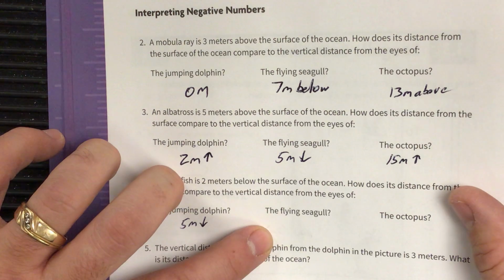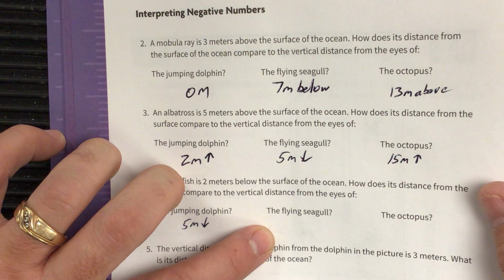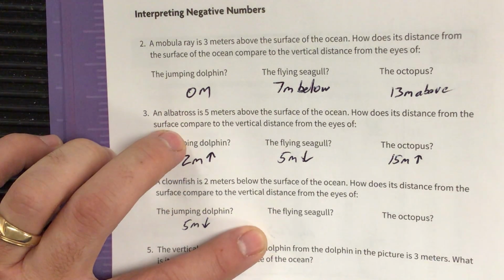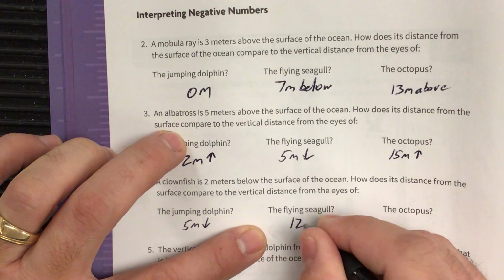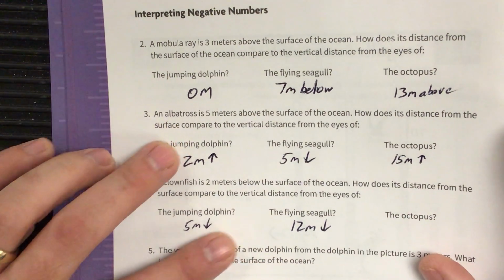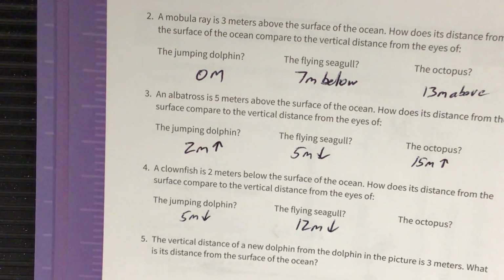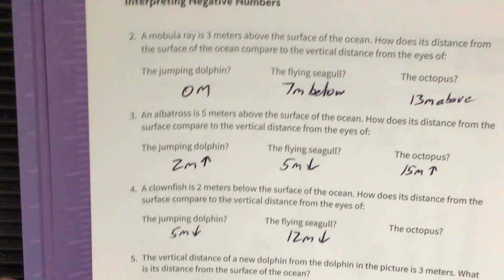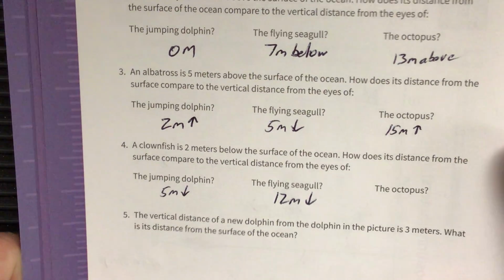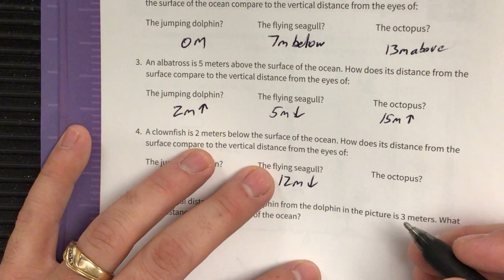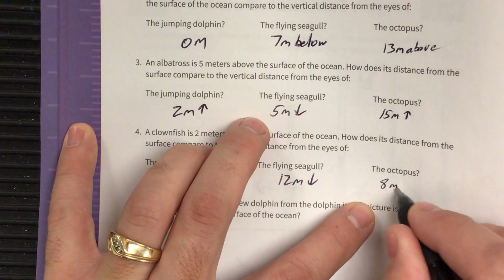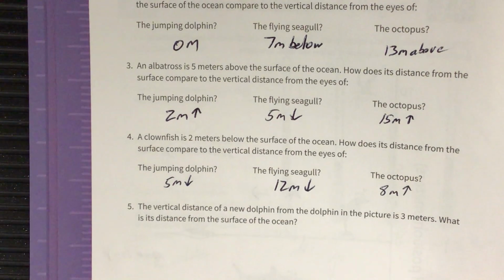How does he compare to the seagull? 12. It's 2 meters below the surface. 10 plus 2, right? 12 meters below. Octopus. Above or below? He's 8 above. You're asking for his location.